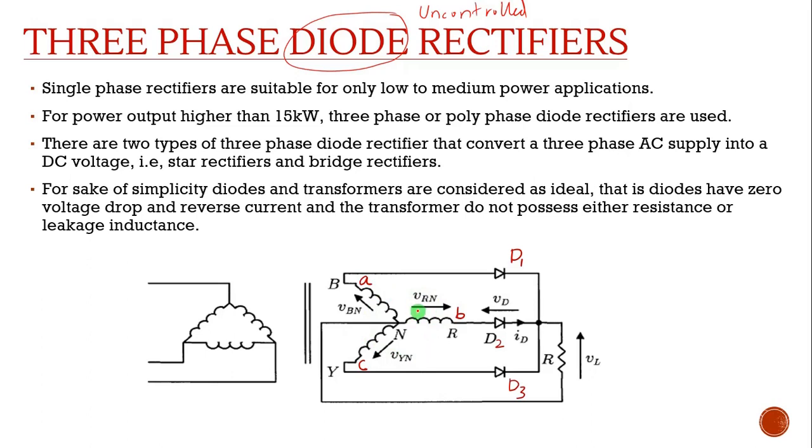This is line A, this is line B, and this is line C. In line A diode D1 is connected, in line B diode D2 is connected, and in line C diode D3 is connected. The load is connected between this point and the neutral terminal.